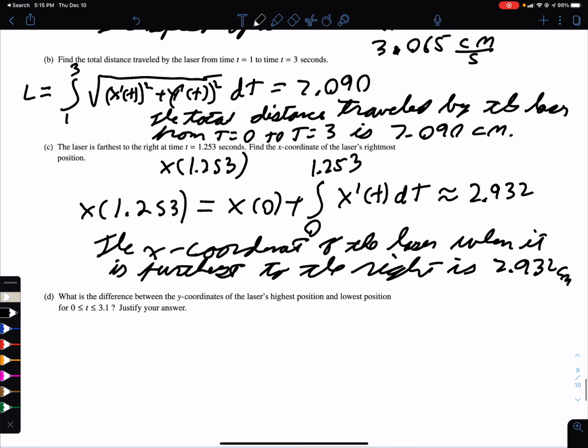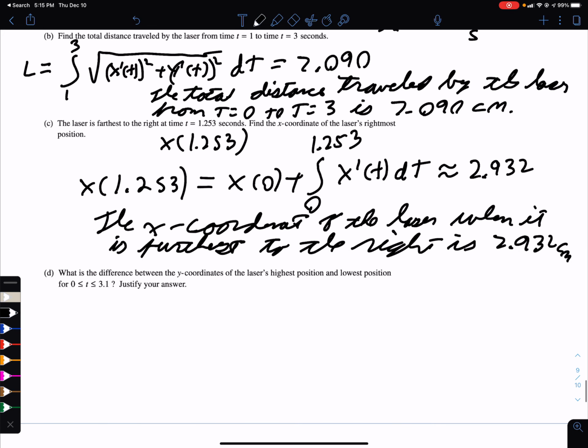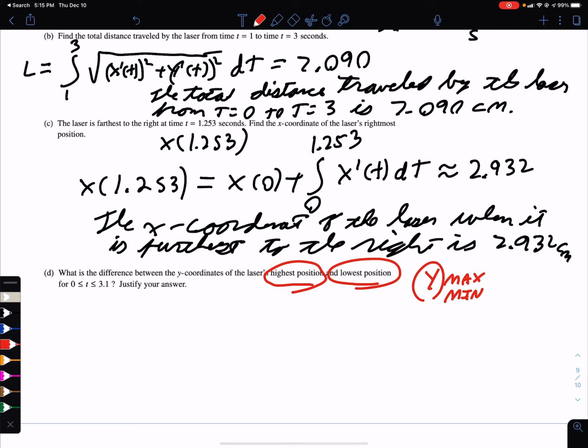All right, part D. What is the difference between the y-coordinate of the laser's highest position and lowest position? OMG. So let's interpret this. What is it really asking? What's the highest and lowest position? If you think about it, interpreting that is asking for the max and min of y.